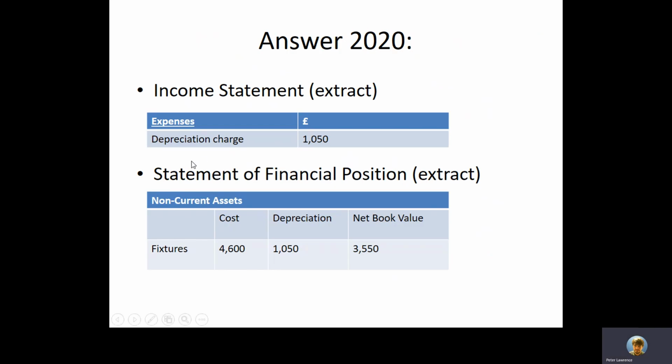So in terms of how it would look, on the income statement, we've got that expense of 1,050, and on the statement of financial position, we've got the fixtures at cost of 4,600, depreciation of 1,050, so a net book value of 3,550. Cost minus depreciation gives us our net book value.